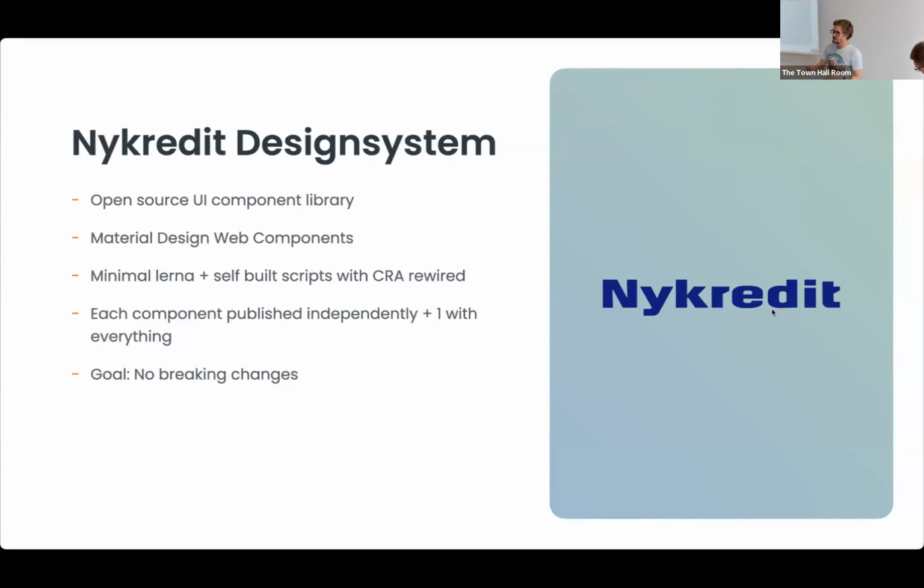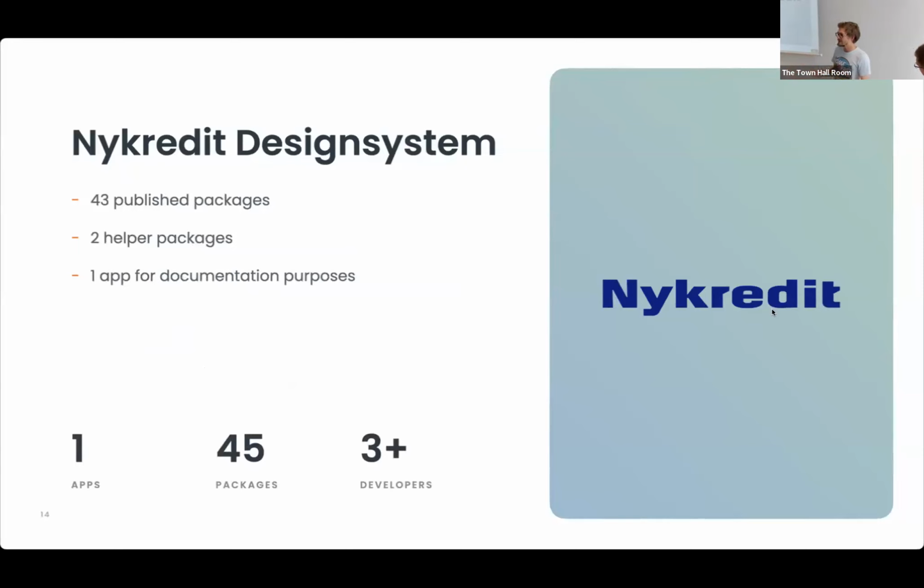So if you want everything, you just npm install that one. And the goal was to not have any breaking changes. That's still a work in progress, but we have 43 published packages, and we have 2 helper packages for doing the README, and then we have 1 app that is used for documentation purposes.